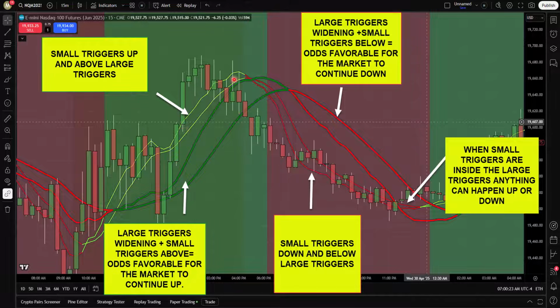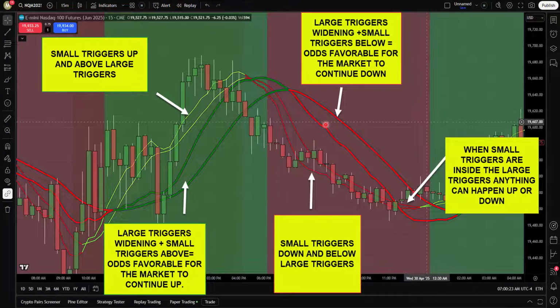And then eventually you'll get a lot of price action inside or below the large triggers. And this is where things start to weaken. You'll be able to see your smaller triggers cross over quickly. And really, if you're on the wrong side of your small triggers, you're not really going to be doing trades for the most part with momentum. Same thing on the downside.